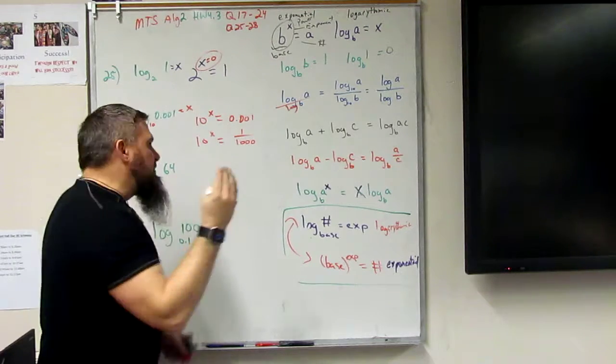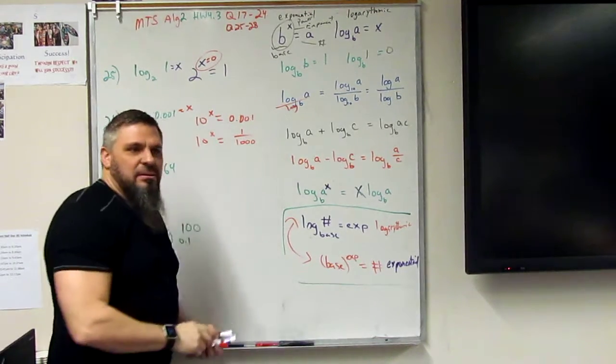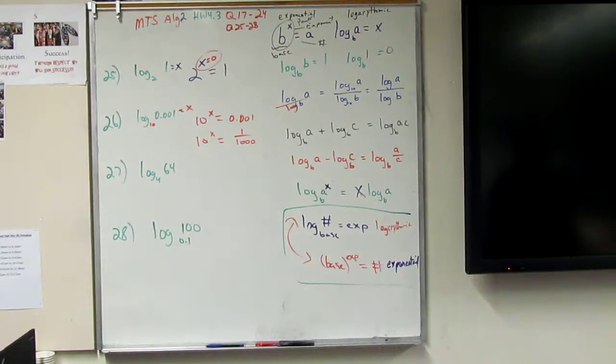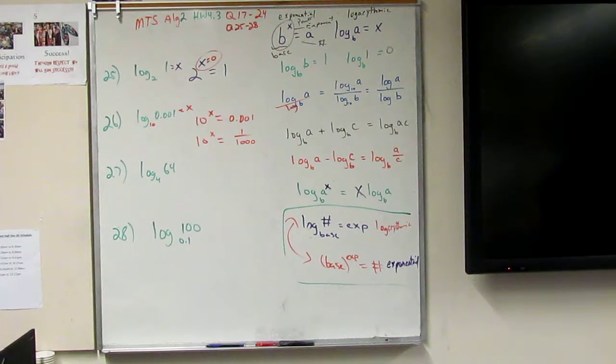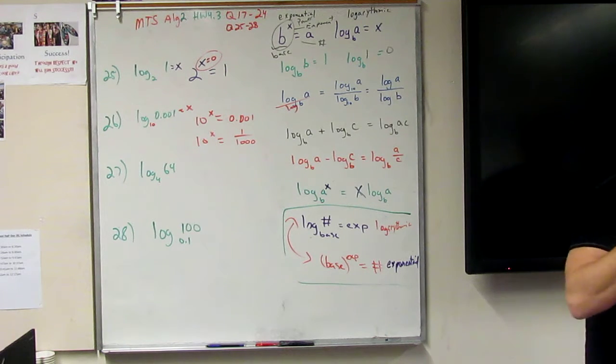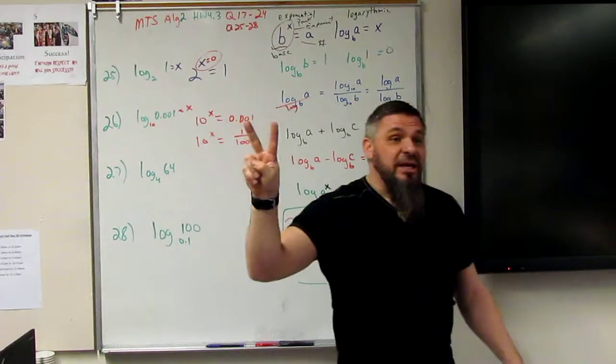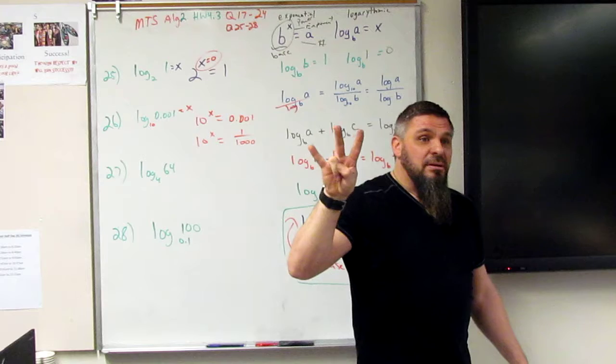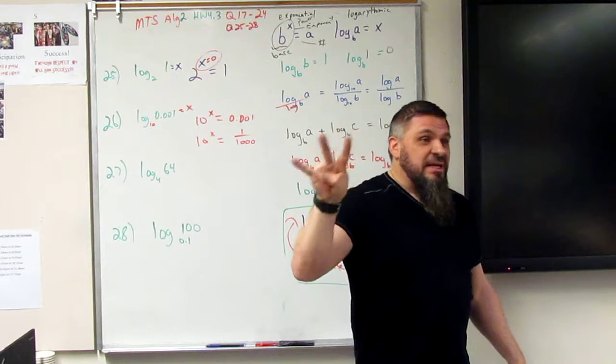So how many 10s multiply to get to 1,000? How many 10s do you multiply to get to 1,000? So 10 times 10 is 100. That's two 10s is 100. And if you multiply 100 by 10, you get 1,000.